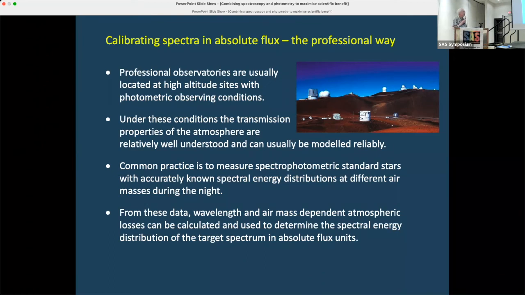So they can model the transmission properties of the atmosphere well and reliably, and therefore common practice is to measure spectrophotometric stars which have accurately known spectral energy distributions at different air masses during the night. And they can then use the modeling of that information to calculate the air mass dependent atmospheric losses and determine the SED of the target spectrum in absolute flux units.